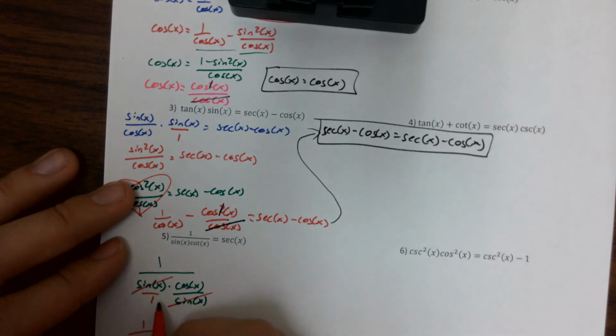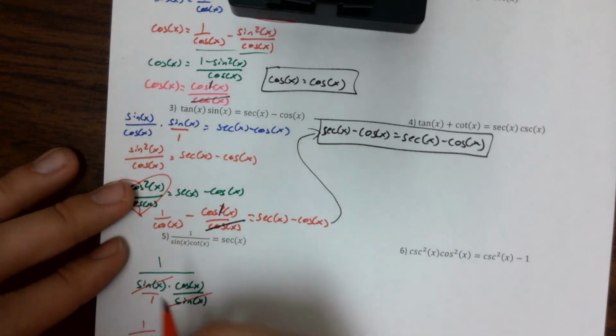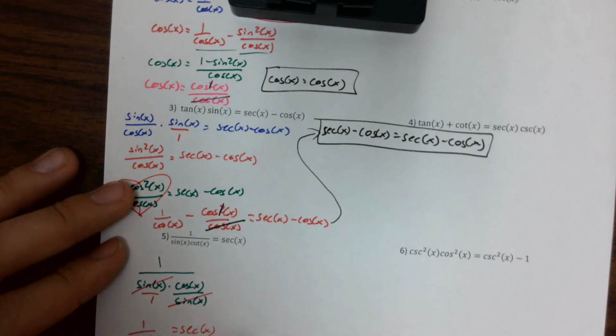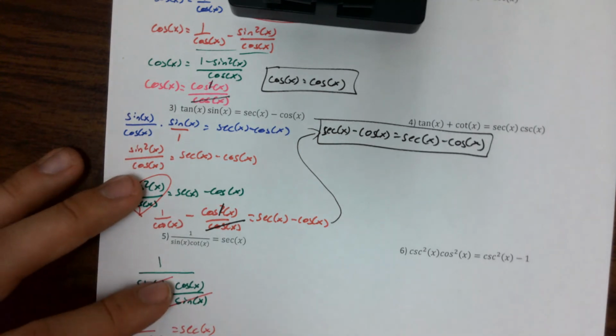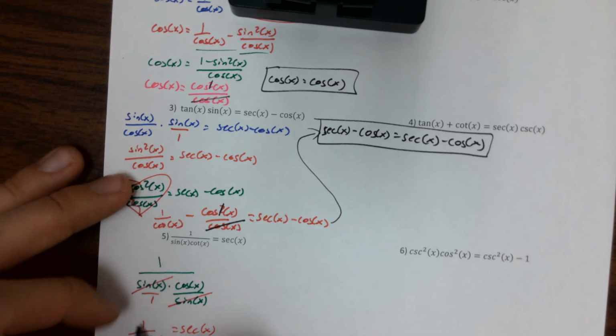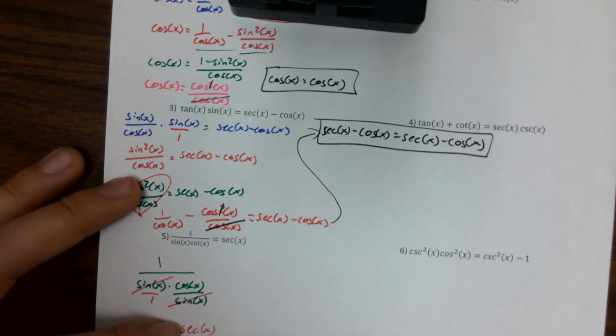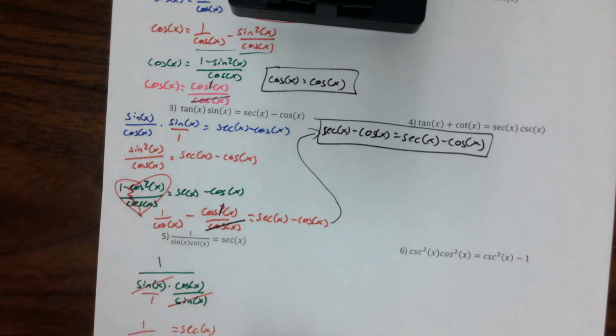Kind of over 1 still. However, cosine over 1 is just cosine. So I do end up having 1 over cosine. Now, because this is still the denominator, this is just going to be secant of x is equal to secant of x, which is what I was looking for.